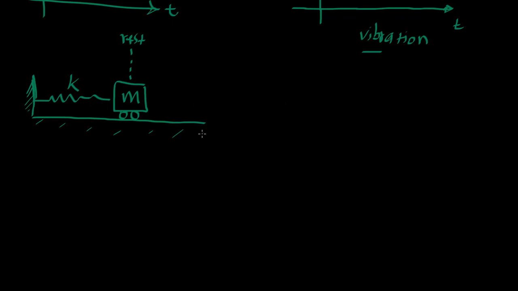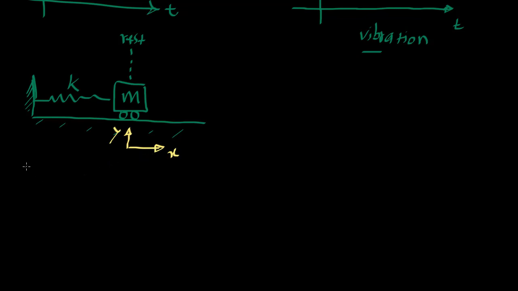The spring is stretched here, and then we draw the free body diagram for the mass and see what we get for the governing equation of motion. Let's say this is our coordinate system. This is x and this is y. The y is useless here because we are assuming that the motion is just 1D. We are just going back and forth along the x-axis.